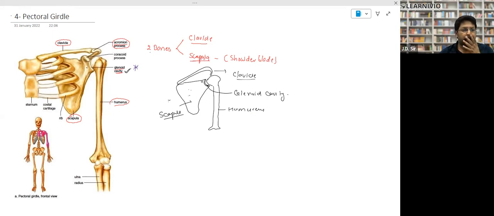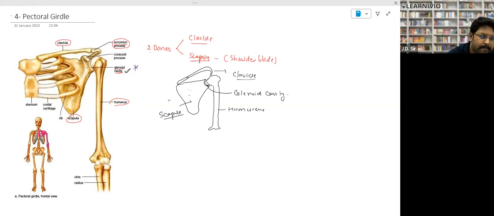Remember the glenoid cavity. This scapula is known as the shoulder blade. Tell me, is it clear? So the pectoral girdle is made up of only two bones, that you need to remember: scapula and clavicle.